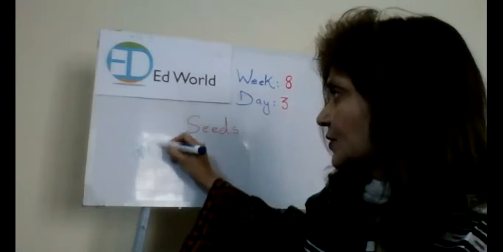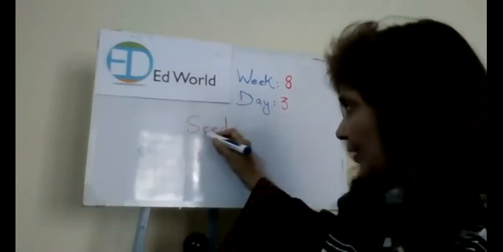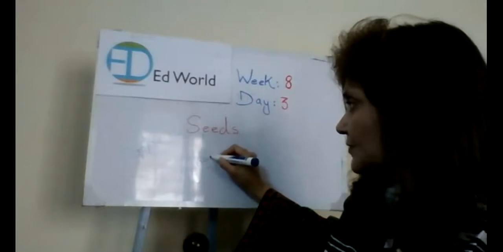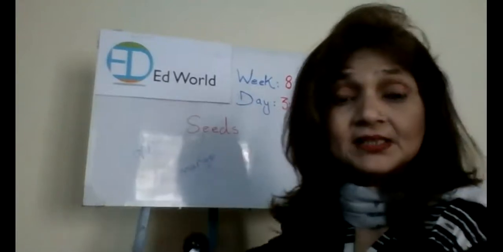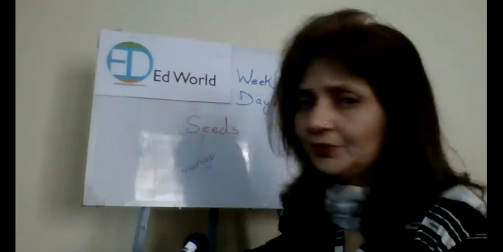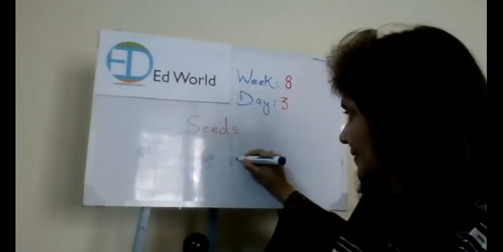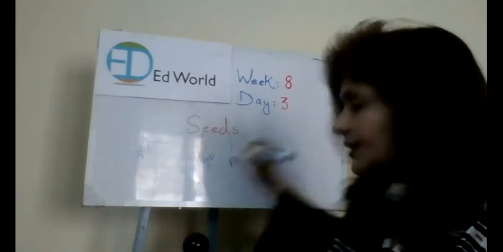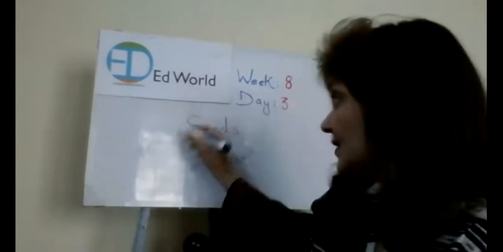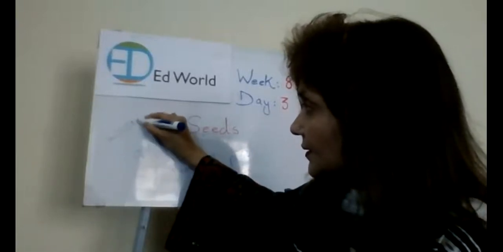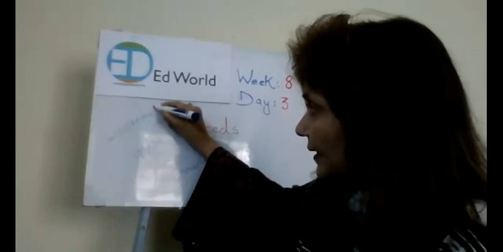Yes, apples have seeds. Which other fruit has seeds? Mango, very good. Which other fruit has seeds? Does a banana have seeds? No. Any other? Yes, peach, correct. Any other fruit that has seeds? Yes, watermelon. Any other fruit?